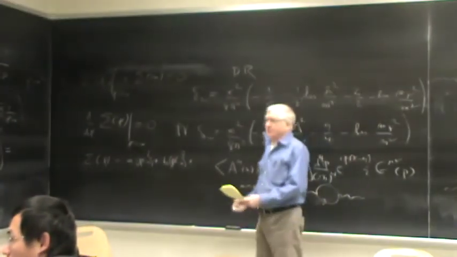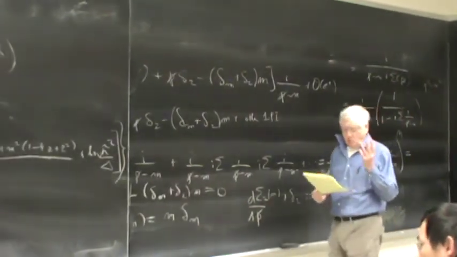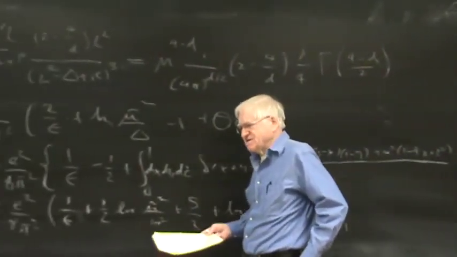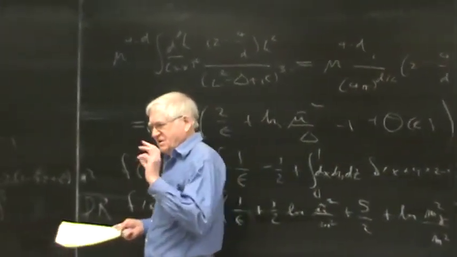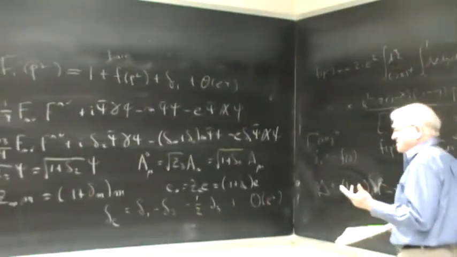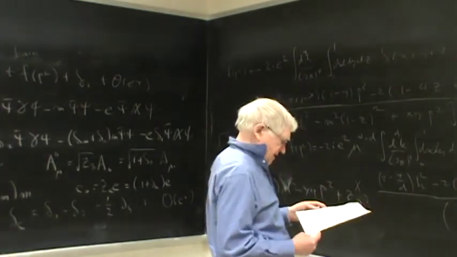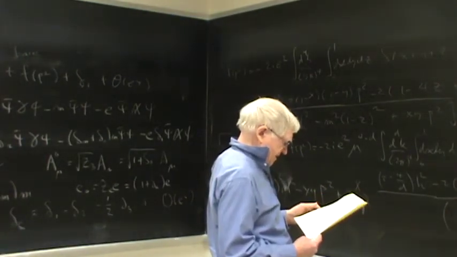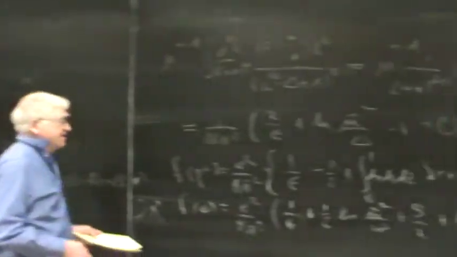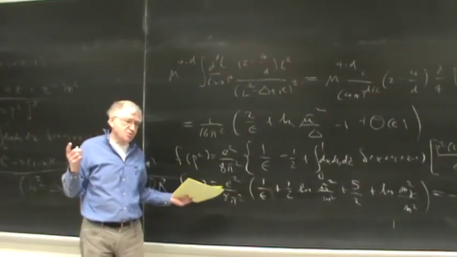In fact, one can prove that they're the same for all orders of perturbation. That's a remarkable result. And it means that the electromagnetic current does not get renormalized. The renormalization of the charge, I guess, cancels the renormalization of the electromagnetic coupling of the fermions. Anyway, so we've seen that delta 1 equals delta 2 in dimensional regularization.